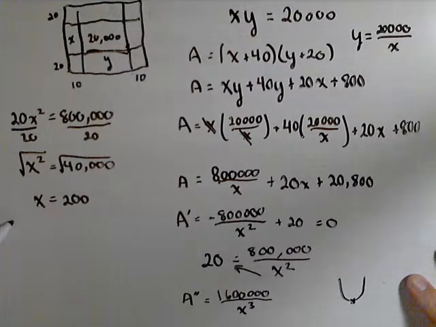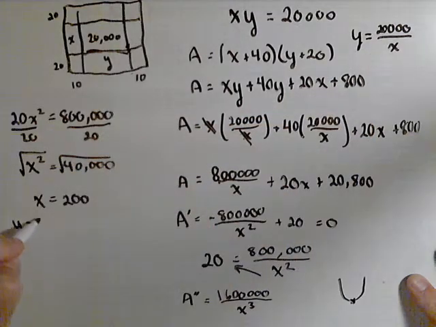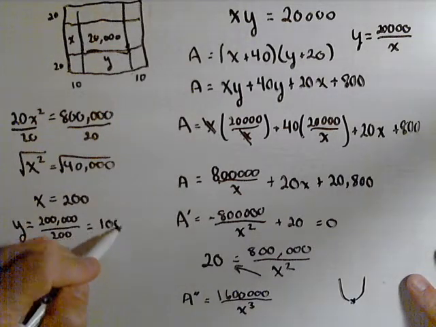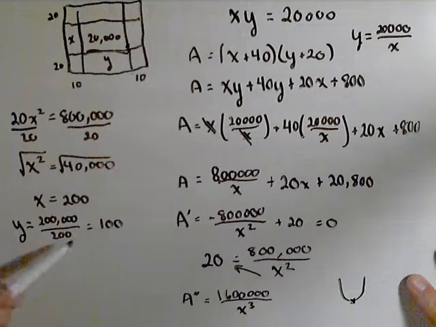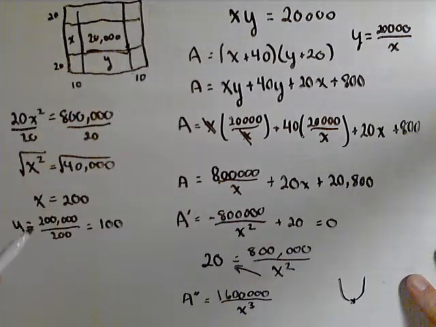To solve for y, we already have y in terms of x, so 20,000 over 200 equals 100. And so there's the x and the y that give the minimum amount of space we're going to need. Now that's not the dimensions of the plot of land, because remember, we still have to add the zoning requirements.